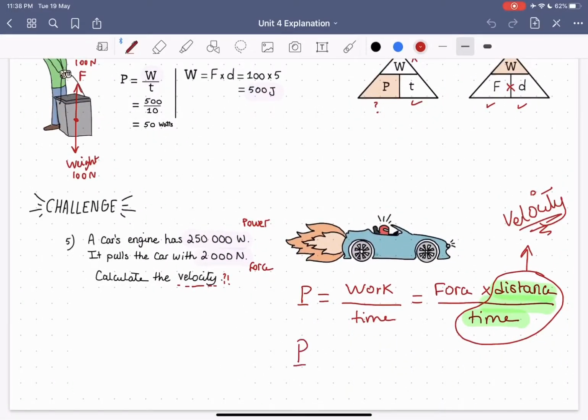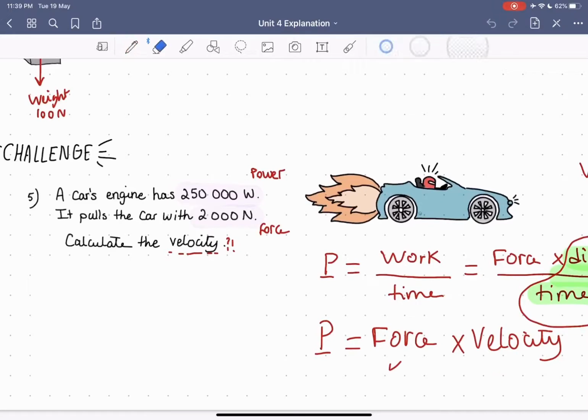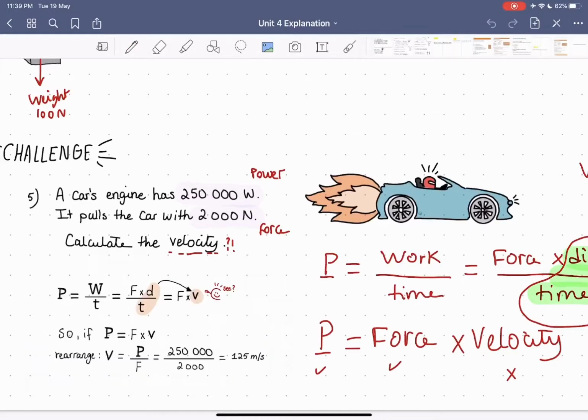So our formula can become power is equal to force multiplied by velocity. And so we have the force, we have the power, we can get the velocity by rearranging the formula. Okay? And that's the answer key. So yeah, V is gonna be equal to P over the force. So 250,000 over 2,000, that's 125 meters per second.